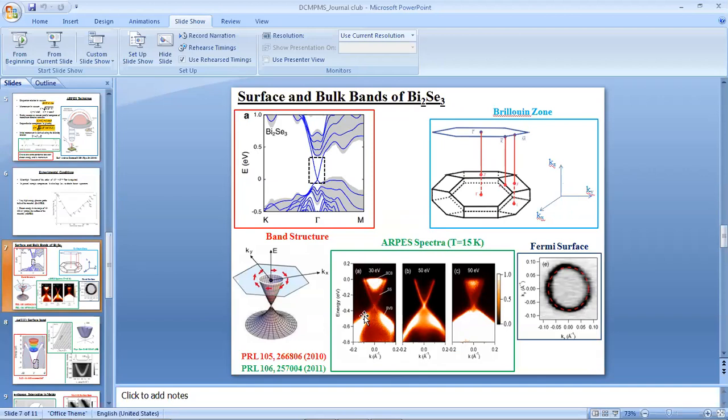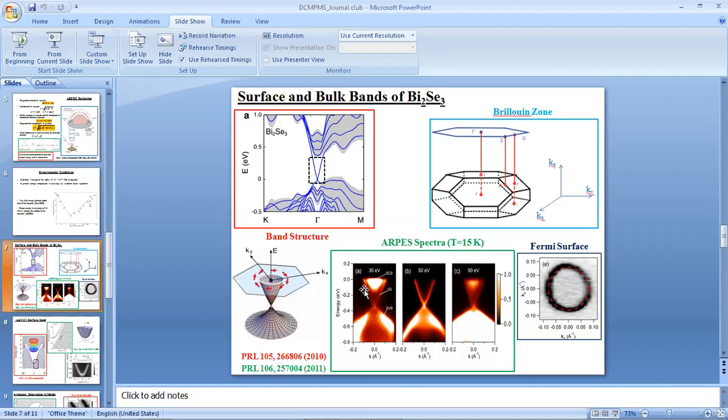Now in this particular spectrum, you have two kinds of bands. One is 3-dimensional, one is 2-dimensional. The 2-dimensional band is the cone, which depends on only kx and ky, and the other band depends on your kz also. Changing photon energy means changing kz.